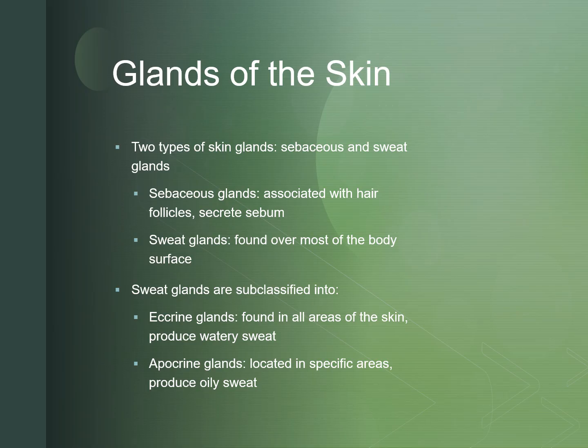Apocrine glands are located in our axilla, groin, and areola, and these produce thicker, oily sweat. They're activated at puberty. We see with our apocrine glands that when bacteria breaks down in these areas, we get body odor.